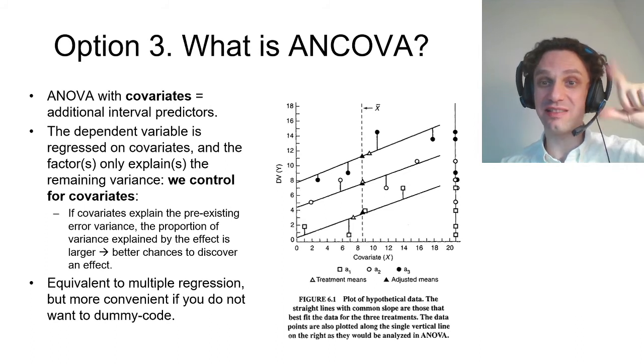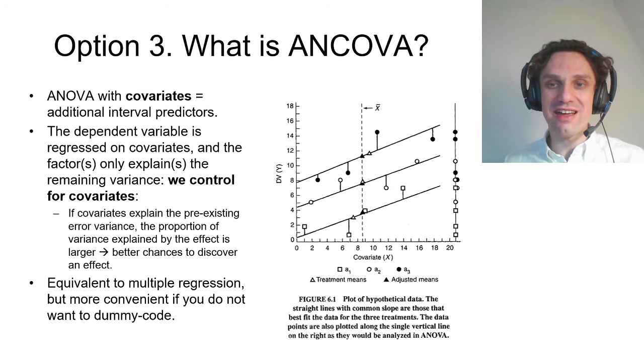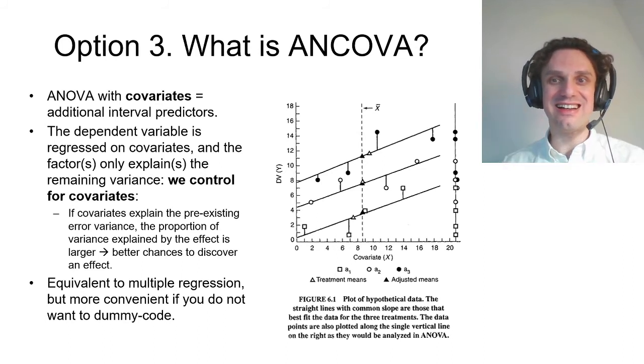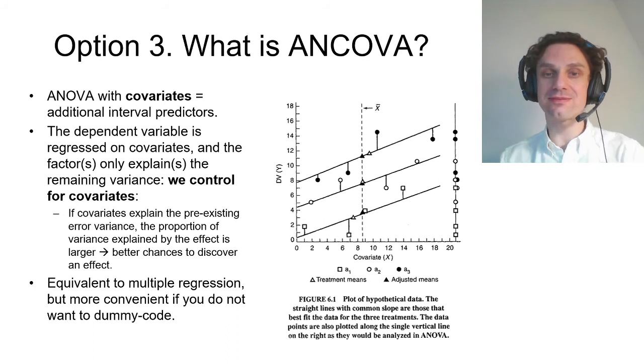So the total variance becomes smaller. The amount of error, you take out some error from your variance box, and what is left may not obscure your effect so strongly. So your effect will be stronger on this background of smaller error variance.